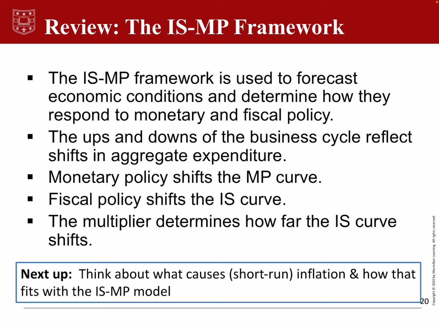So where are we? We have talked about the IS-MP framework. We have said that we can use it to forecast economic conditions and to determine how those economic conditions can respond to monetary policy and fiscal policy. So we can trace the ups and downs of the business cycle by shifts in aggregate expenditure and then by extension in the IS curve.